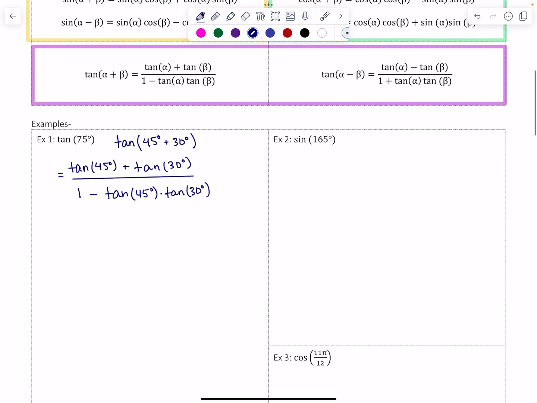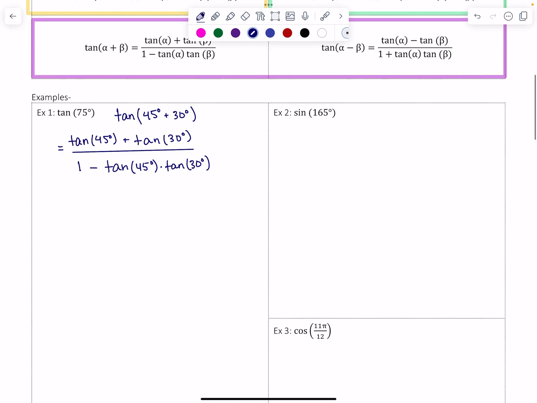Okay, and now let's go ahead and evaluate all of these and simplify. So when it gets to this part, it's a little bit of tricky manipulation. So tangent 30 is root 3 over 3. Sorry, tangent 45 is 1. I started to fill in some things. Plus root 3 over 3 all over 1 minus 1 times root 3 over 3.